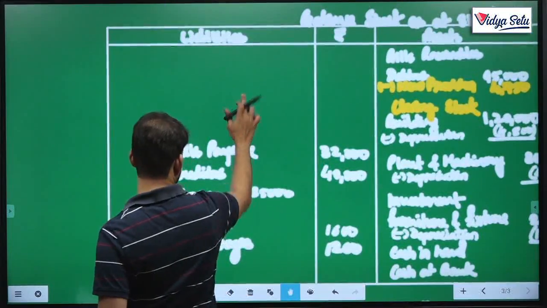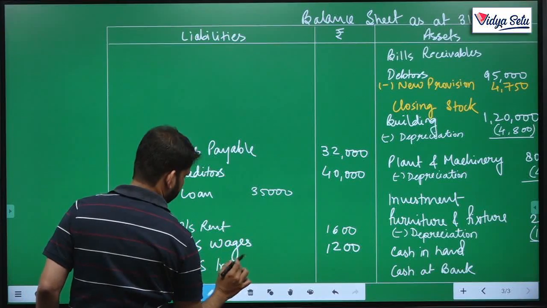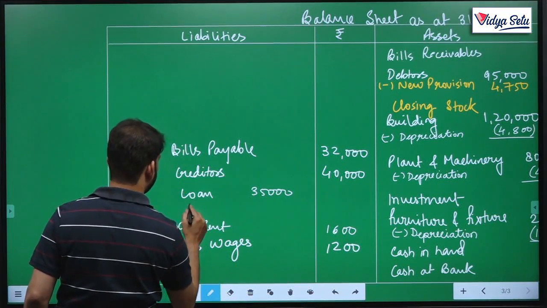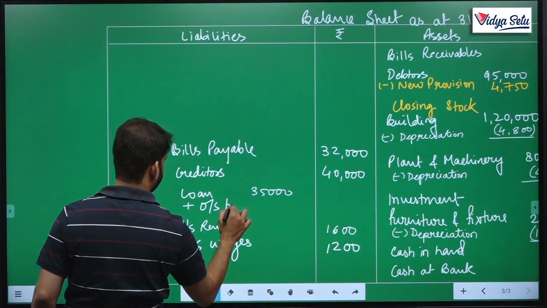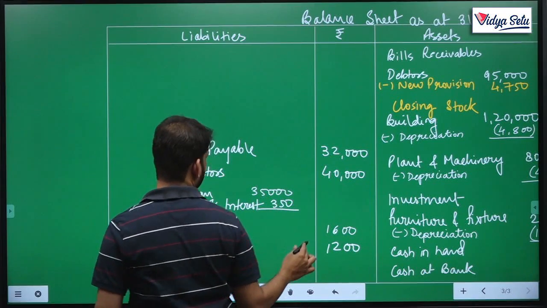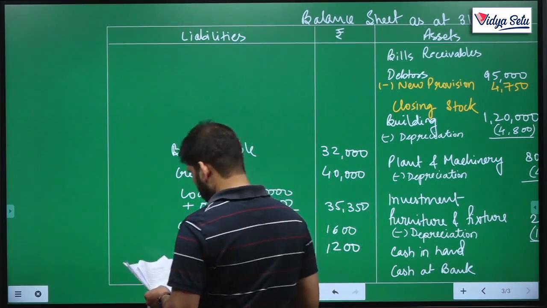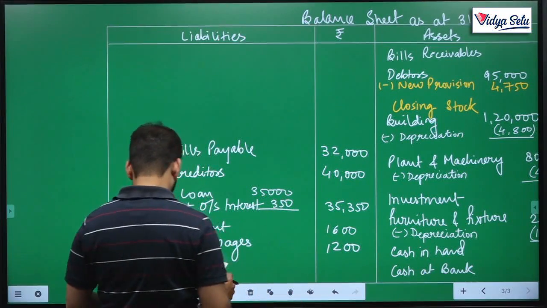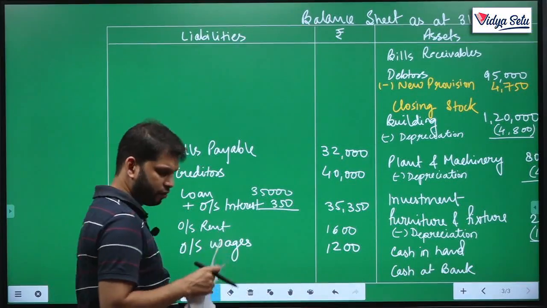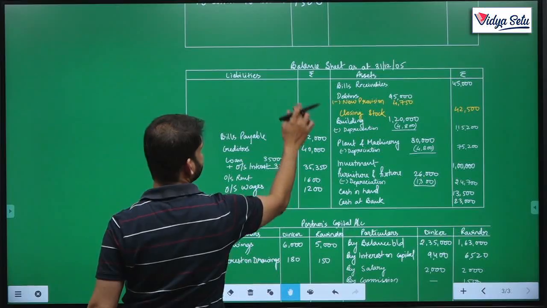Now, whatever is remaining, we just need to close the accounts. Not here, in the loan. Okay, I see that everything has been accounted for. Let's just wind up this question quickly now.